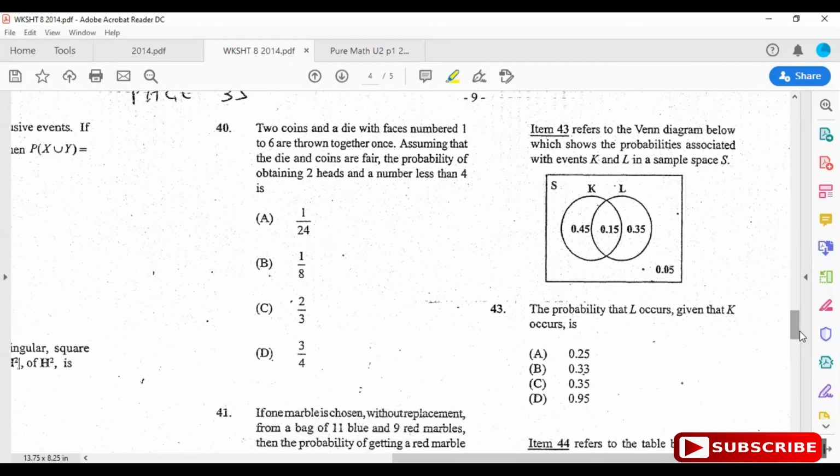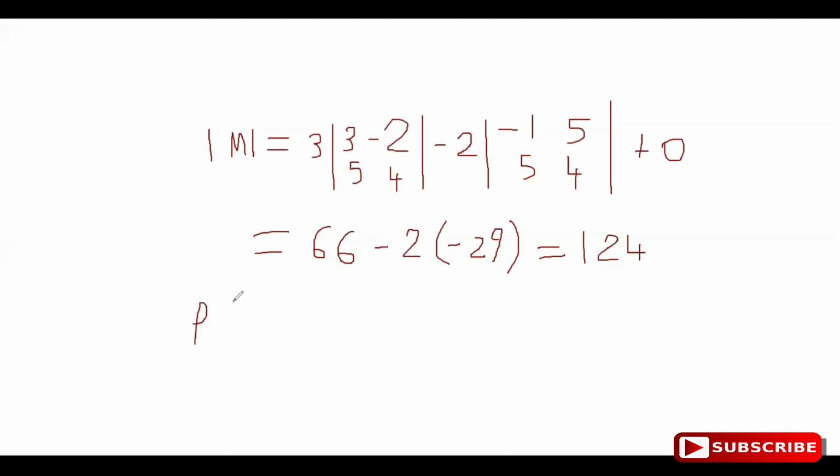So this question asks now, 2 coins and a die with faces numbered 1 to 6 are thrown together. Assuming that the die and the coins are fair, what's the probability of getting a head on both coins and a number that is less than 4? So first and foremost, the probability of getting a head on the first coin: when you flip a coin, there are only 2 outcomes, head or tail.